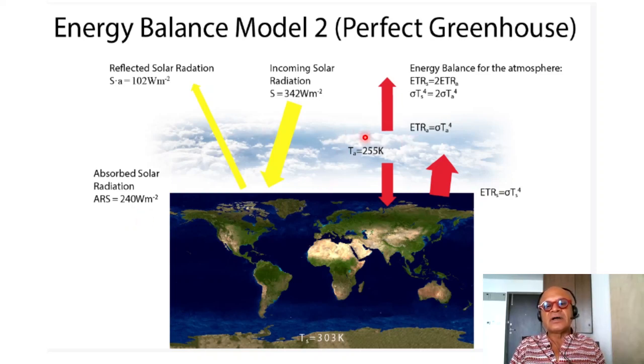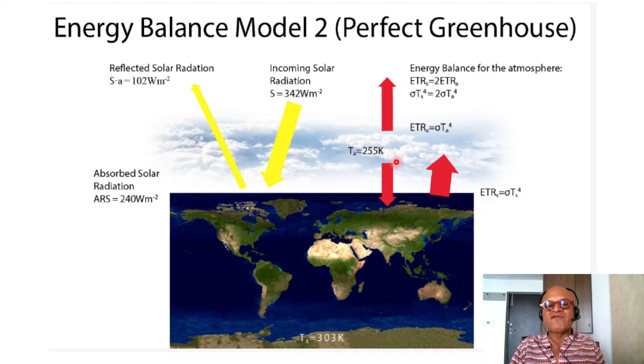So the outgoing longwave radiation at 255 Kelvin can balance the 240 watts per meter squared coming in, and that occurs as emitted terrestrial radiation, sigma Ta to the fourth. And there is some that escapes directly from the surface without getting trapped in the atmosphere, and that is emitted terrestrial radiation at sigma Ts to the fourth.